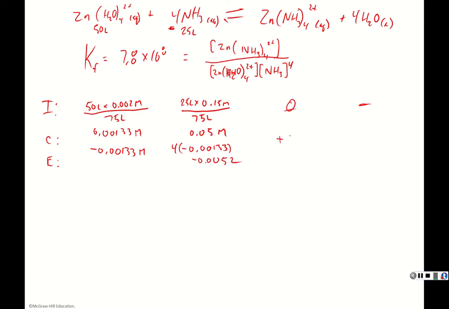And produced is going to be equal molar amount to what we started with in our zinc tetra water. Okay. So at equilibrium, we can set these values equal. We could say 0 there, essentially.